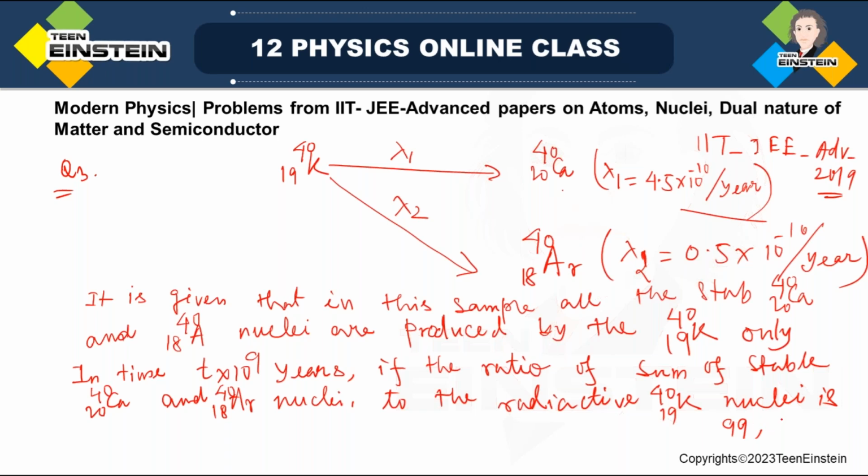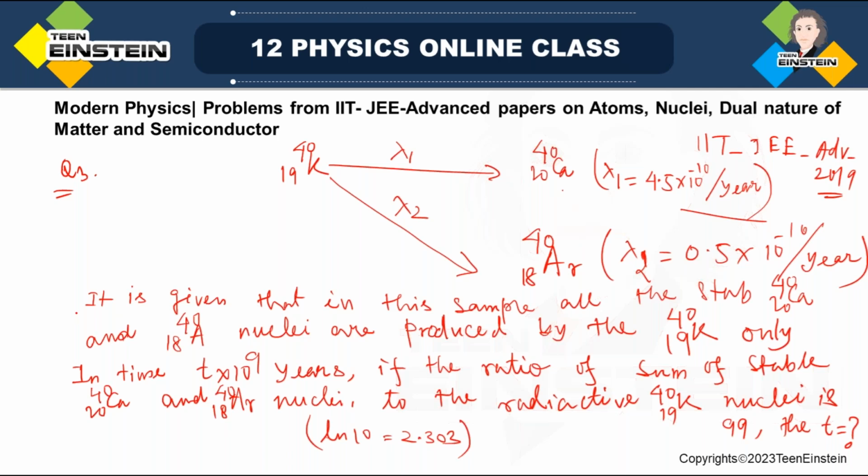Then the T is equal to how much time? You have to find out what is the time. Here it is given that ln 10 is equal to 2.303. This is given. So I hope you guys have understood this question.